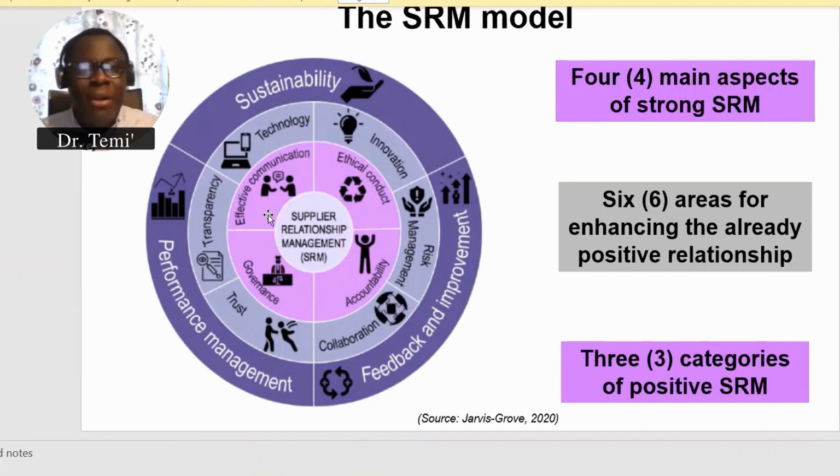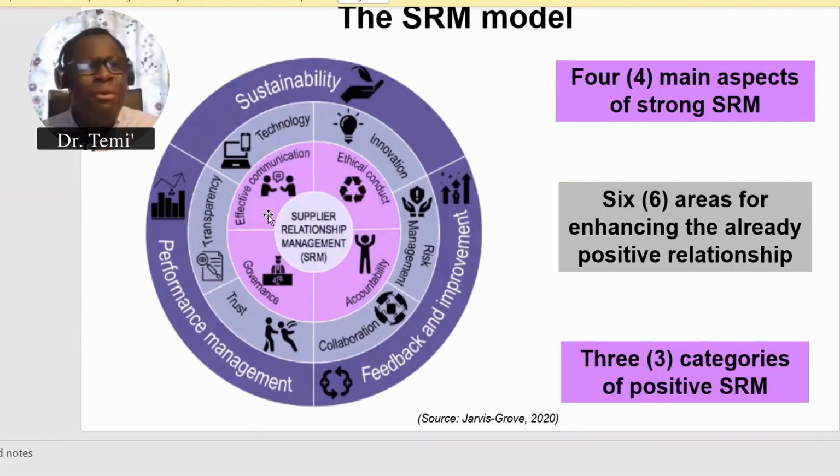These aspects, according to the model, are very important to establish relationship with suppliers. The first aspect is effective communication. Communication that is 2 ways. In other words, you send information, you receive information, they send information to you, you interact with them, you ask questions, you tell them what they don't understand.